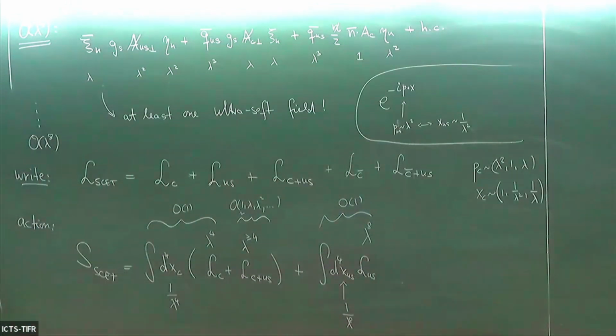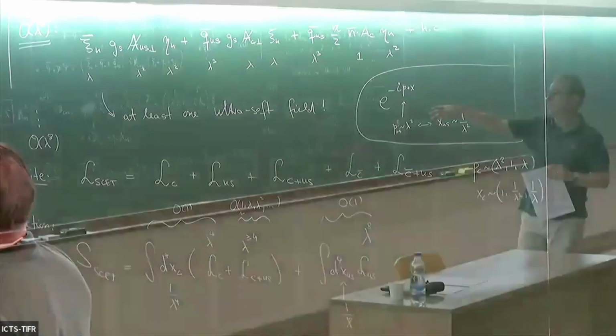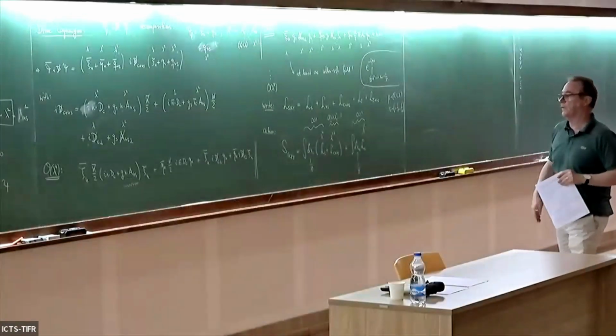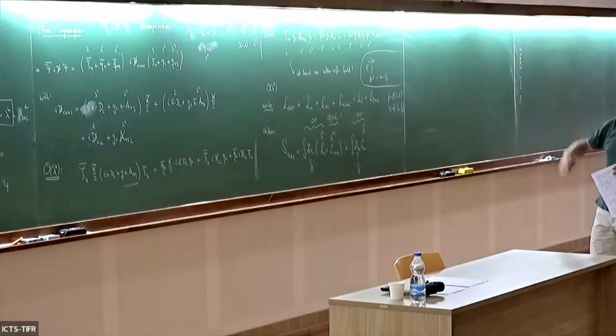Good. So now we have just done power counting. We have not constructed anything yet. We've just introduced power counting for the gluon fields, for the quark fields, and decomposed the Lagrangian in terms of leading terms and subleading terms. Okay.